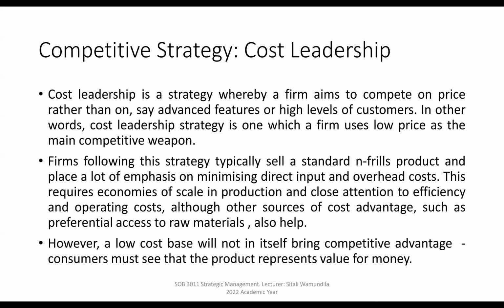So you see, cost leadership requires economies of scale in production, and some close attention to efficiency and to operating costs. This attention has to be paid to efficiency and to operating costs. Although we also have other sources of cost advantage, such as, let's say, preferential access to raw materials. They do also help, but the emphasis, as I've said, is placed on that.